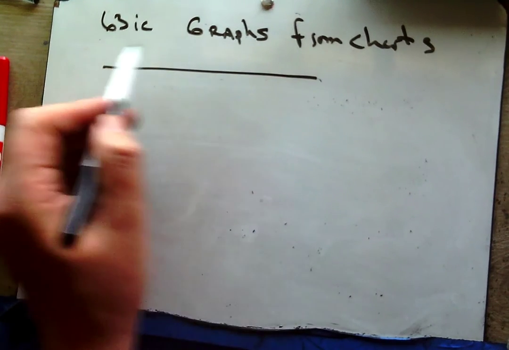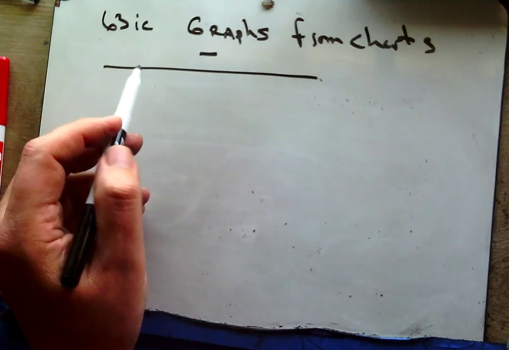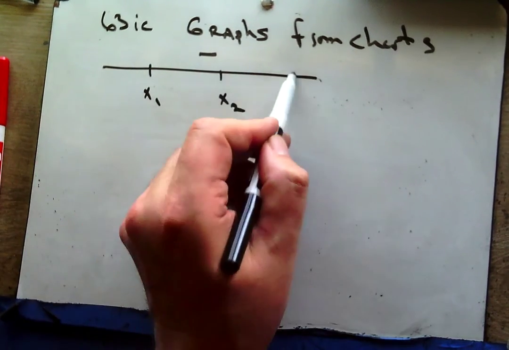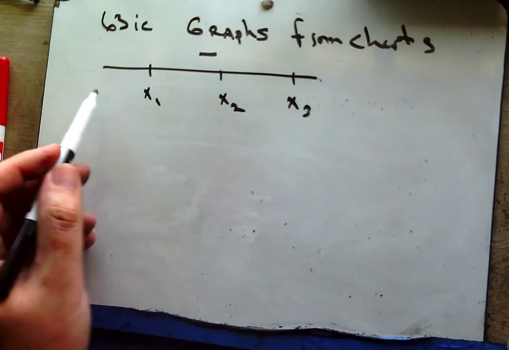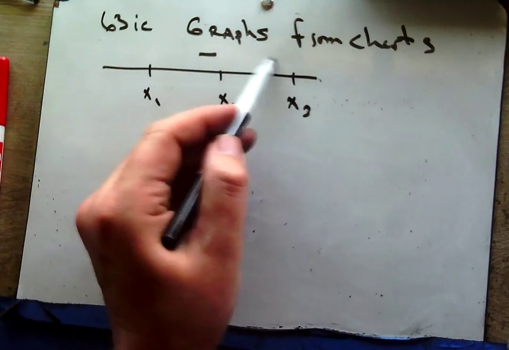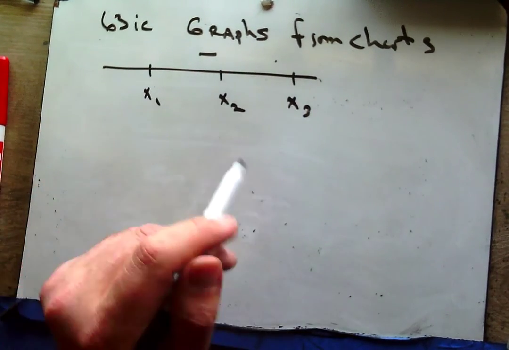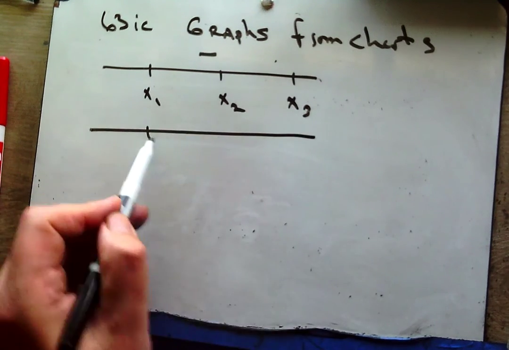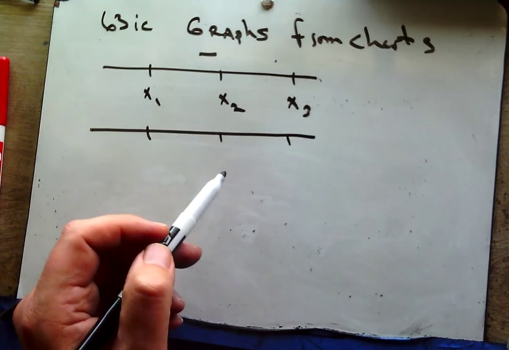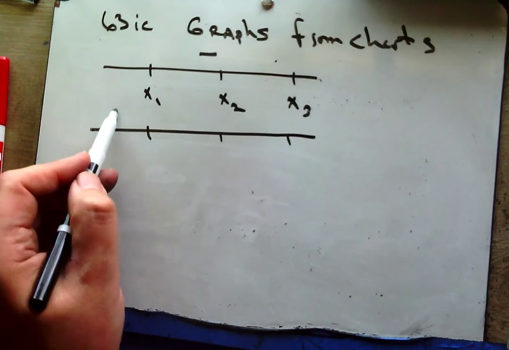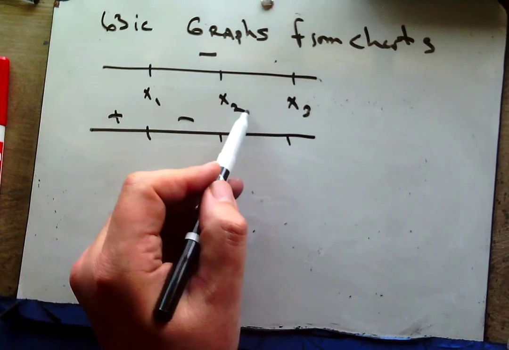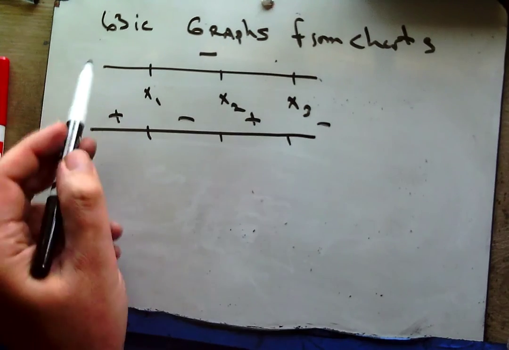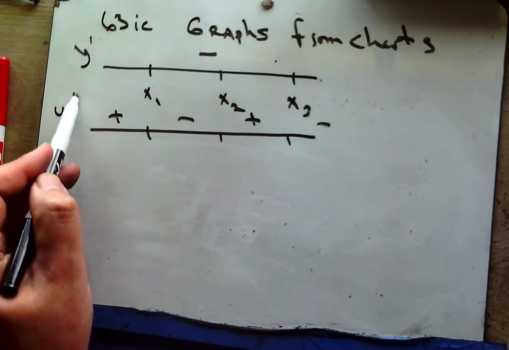We know that y prime is negative everywhere. X sub 1, x sub 2, x sub 3, but not just at those points, just everywhere. Y prime is less than 0, so y prime is negative. On y double prime, I'm looking at plus, minus, plus, minus. Okay, so y prime, y double prime.